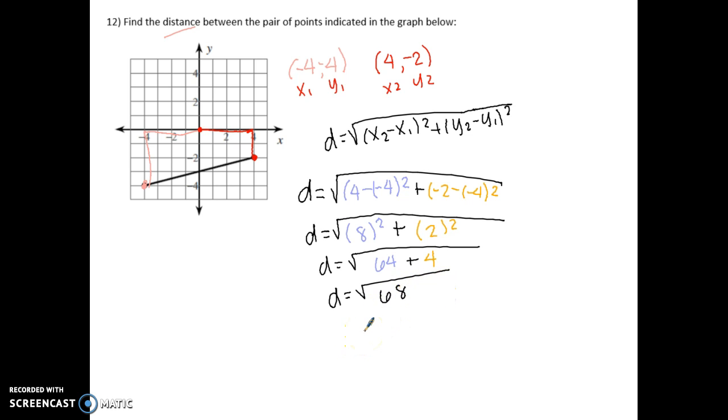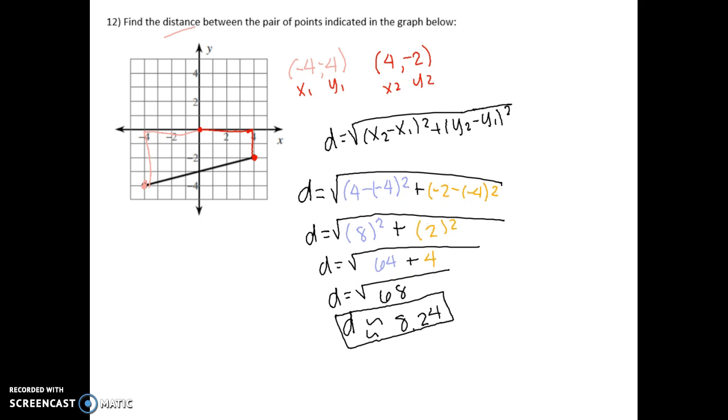And when we take the square root of that, we get d is approximately 8.24 box. Remember, if there's a negative in this step, go ahead and multiply that number by itself, but if not, just go ahead and square it.